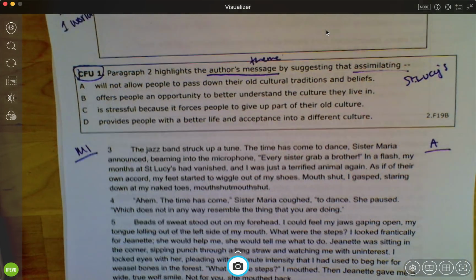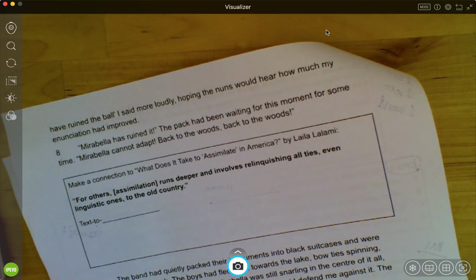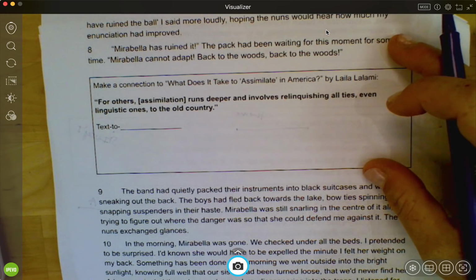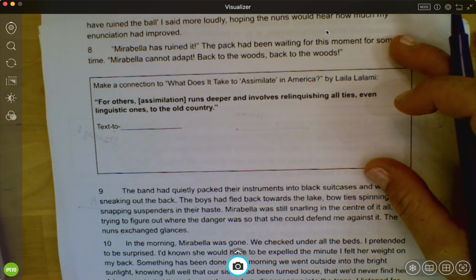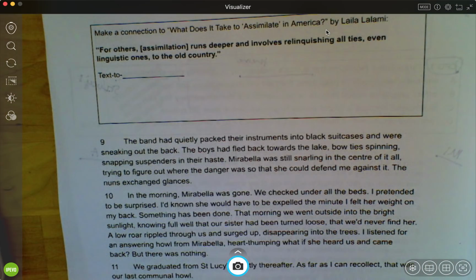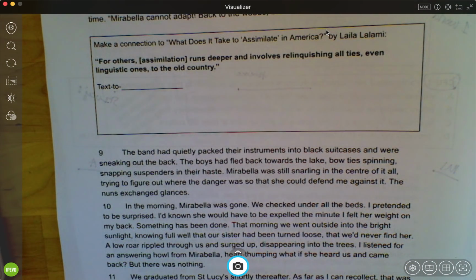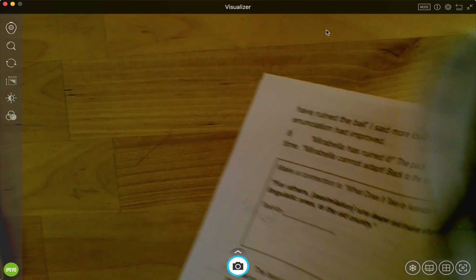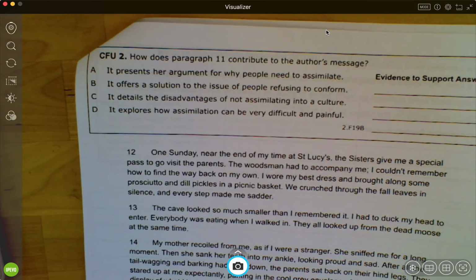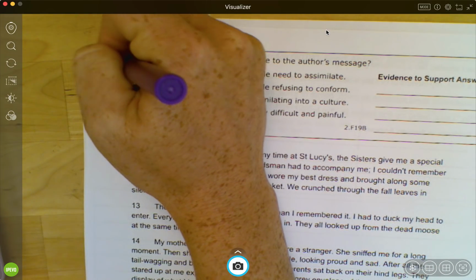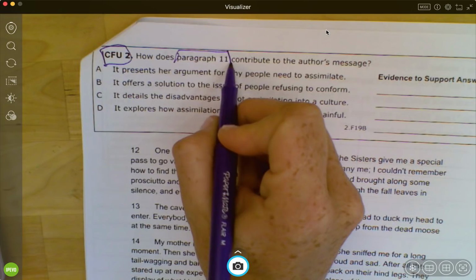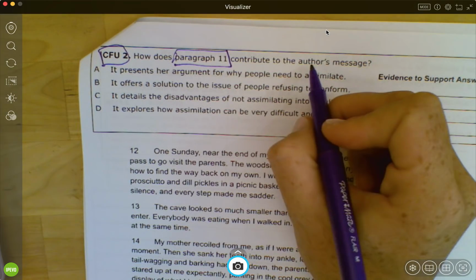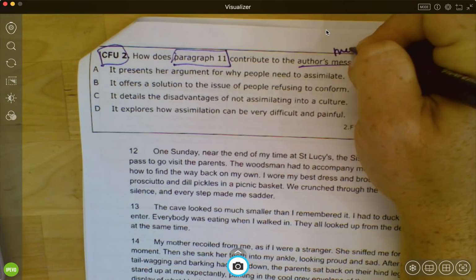Again, you'll come to a check for understanding or a place where you need to do a text to connection. Make sure that you do at least one text to self, one text to text, and one text to world. Complete all of the pages. When you get to the CFU2, make sure that you're going back to the paragraph that it's talking about. An author's message, again, is that idea of theme.